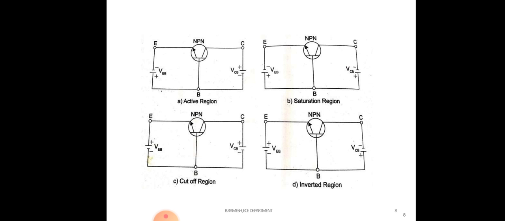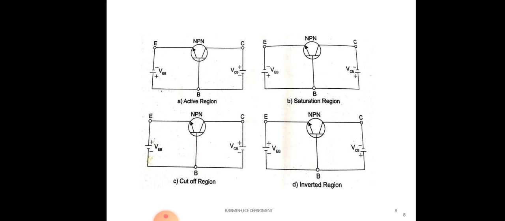You can observe here how to make the active region, saturation region, cutoff region and inverted region. See here the emitter and base; the base terminal is common for both input and output.